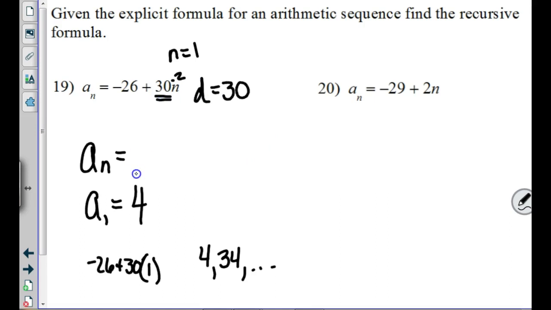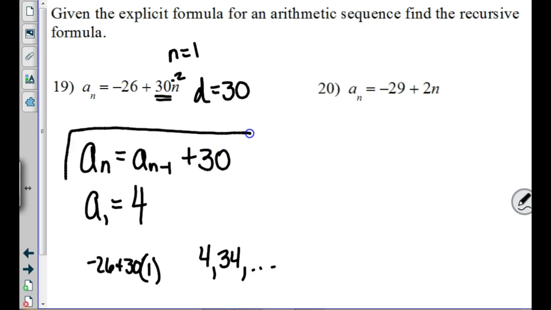So how do we write this? Everybody okay? Gotta have both of those parts. Do we need to do the other one or not?